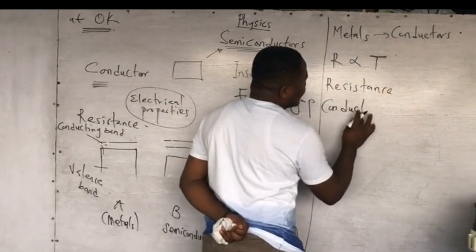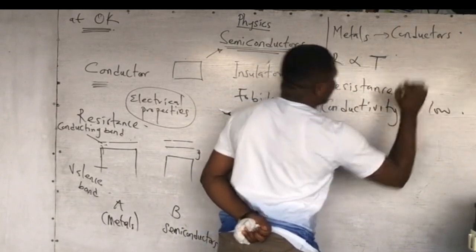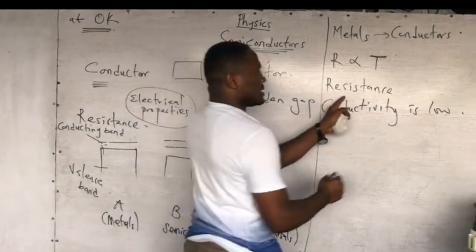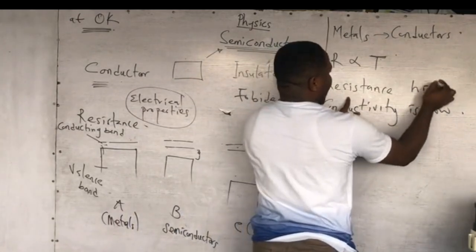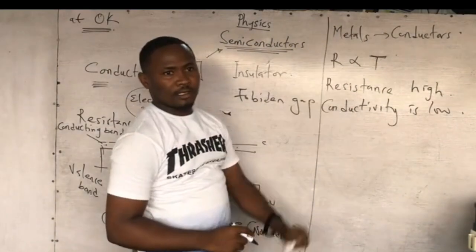Hence conductivity becomes low. Resistance is high. Conductivity becomes low in metals.